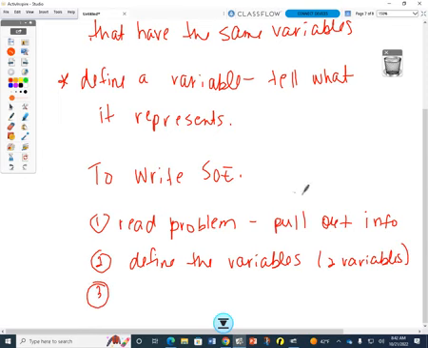So we read the problem, pull out the information that we need. Sometimes we pull out information we don't need. That's okay. We're just reading through and working through the problem. Then we're going to tell what the variables represent. Then we're going to write our equations. So there's going to be two.